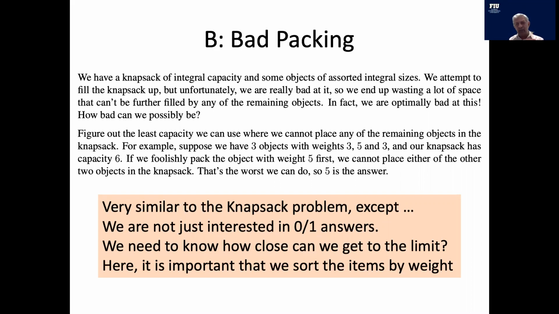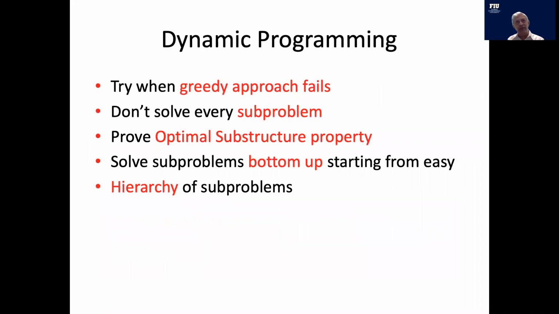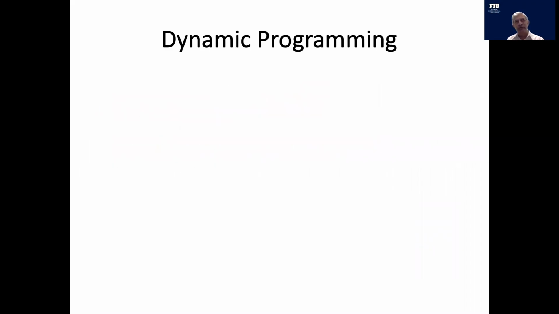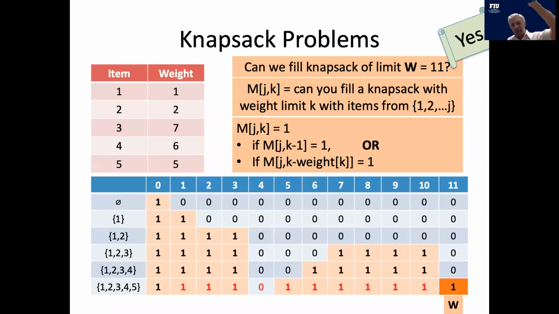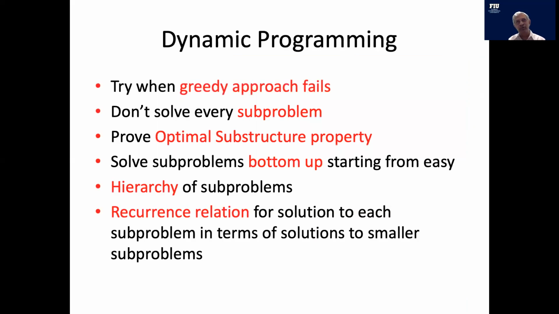By the way, in the previous good knapsack problem, it didn't really matter if we sorted the items or not. Over here, we went with 1, 2, 7, 6, 5. We could have done this with 1, 2, 5, 6, 7 as the weight order. But when we do the bad knapsack problem, we have to sort it. And then it turns out to be somewhat more tractable.